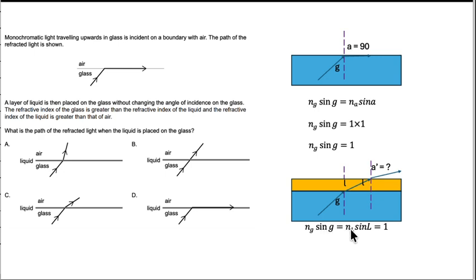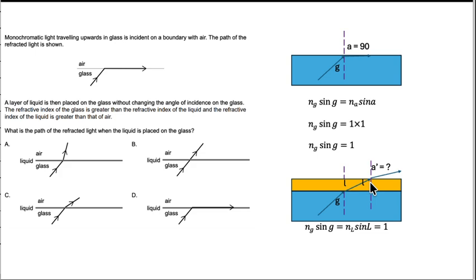We're just taking the angles there. Now, we know from the previous part of the question that nG sine G is equal to 1. So these must multiply together to make 1. We've made no changes to nG, we've made no change to the angle there, so they must be the same. So that's the refraction from glass to liquid.